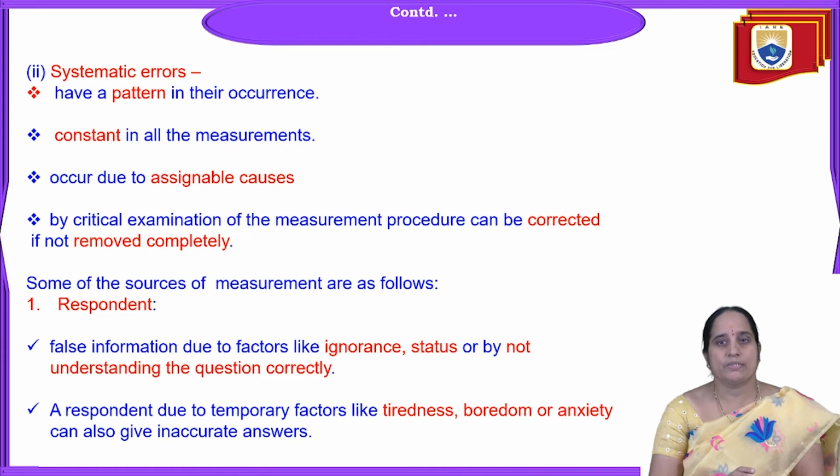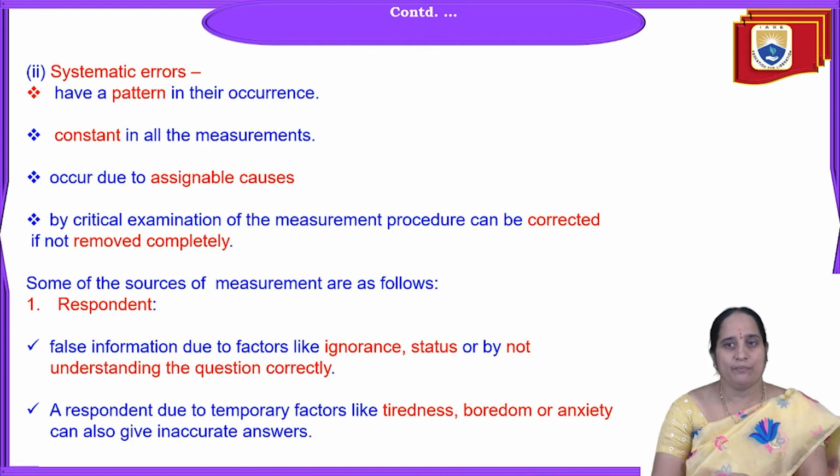Some of the sources of measurement errors are as follows. The first one is the respondent. The respondent is the main person who creates systematic errors in the research, by providing false information. Why does the respondent generally provide faulty or inaccurate information?